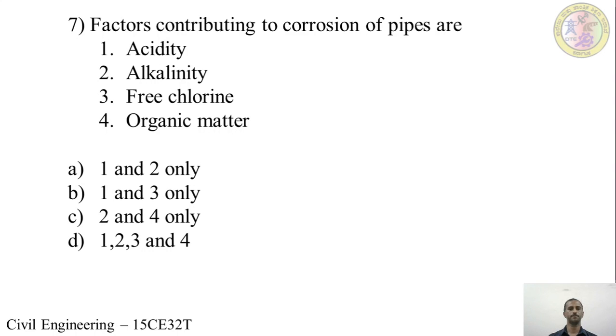And the answer is B, 1 and 3 only. Acidity and free chlorine increase the rate of corrosion, whereas alkalinity and organic matter are termed to be non-corrosive in nature.